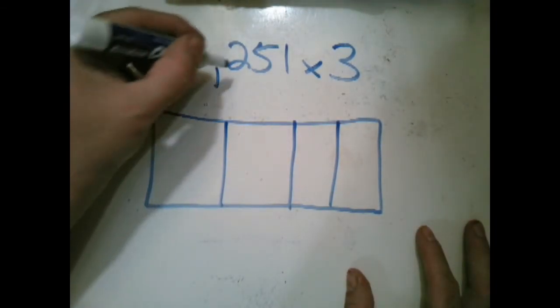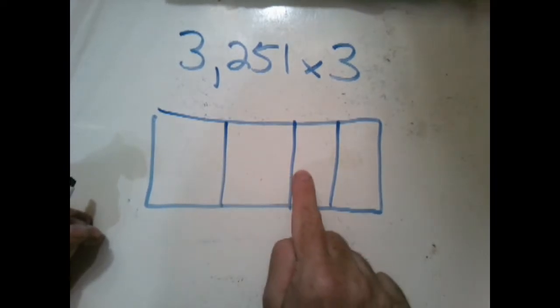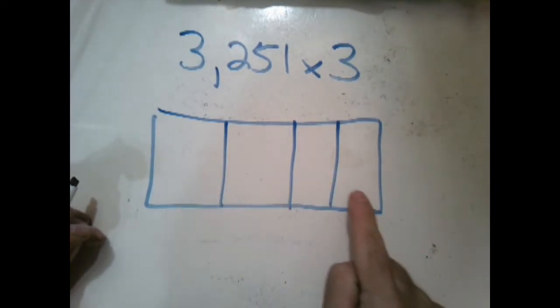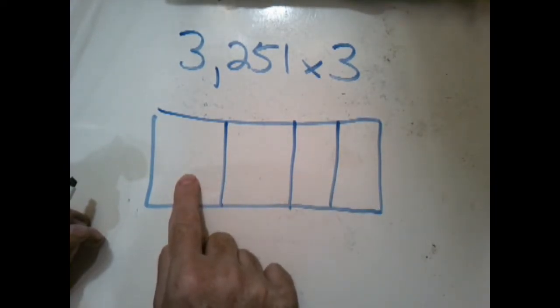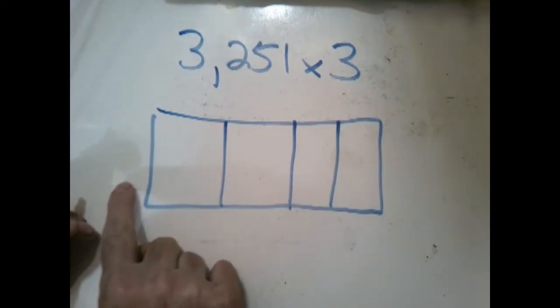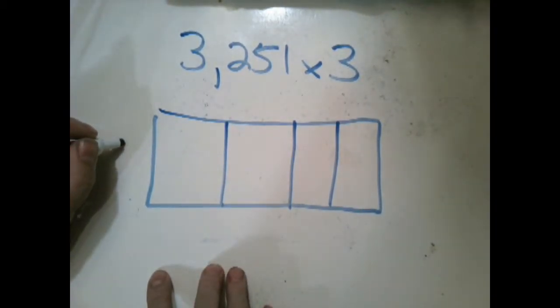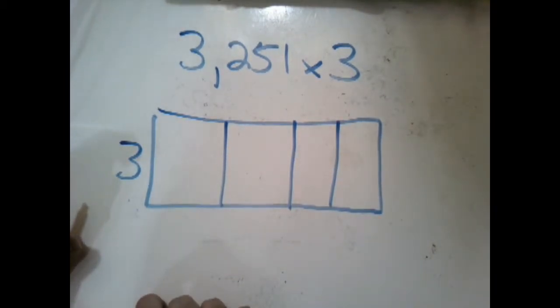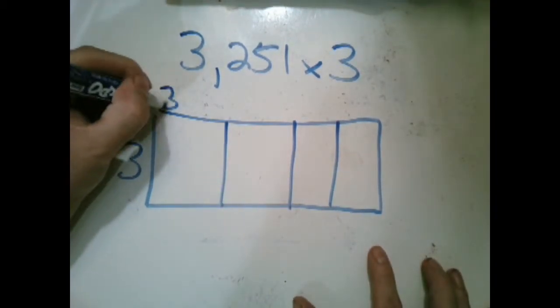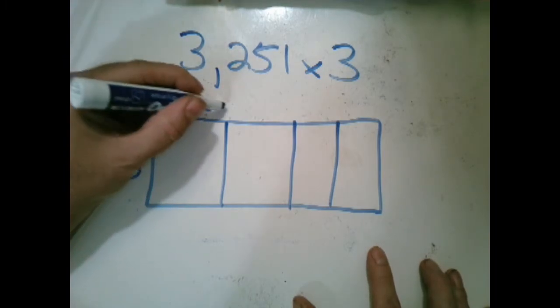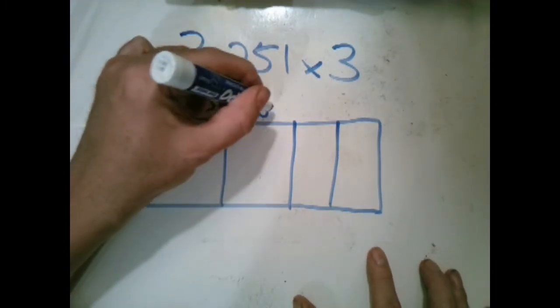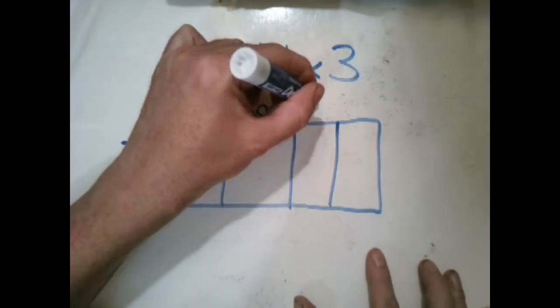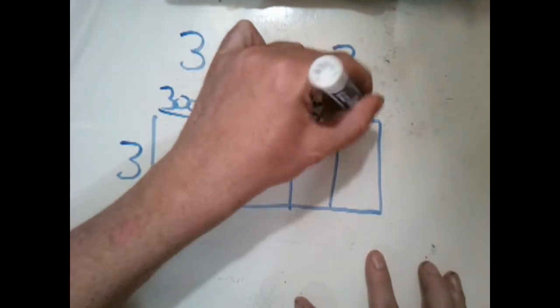I have 1, 2, 3, 4 place values: ones, tens, hundreds, thousands. And I only have 1 digit this time, so I only put a 3 here in the ones. Here I have 3,000 plus 200 plus 50 plus 1.